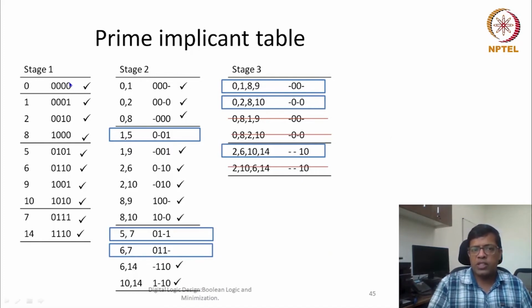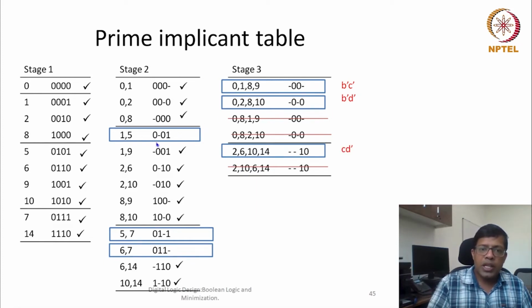So let's consider the first variable is D, and the second is C, and then B, and then A. So we can write this particular product term as B dash C dash, and this one could be written as B dash D dash, and this one can be written as C D dash.